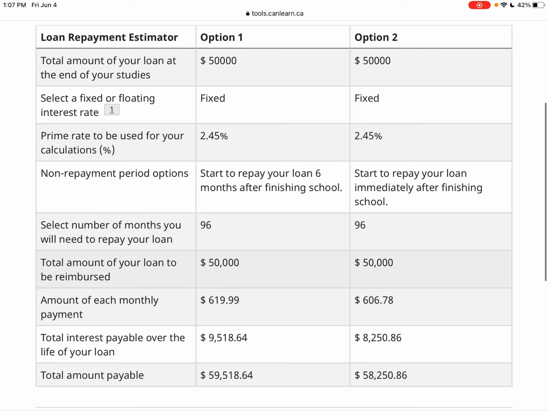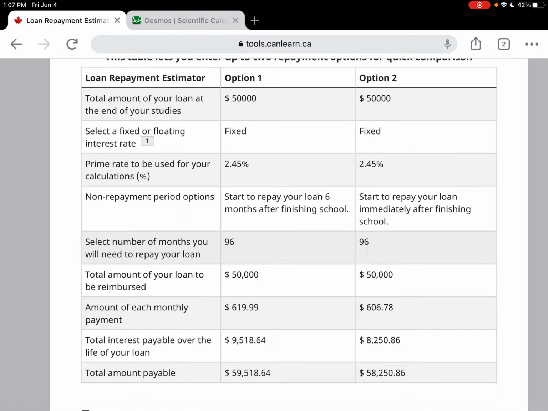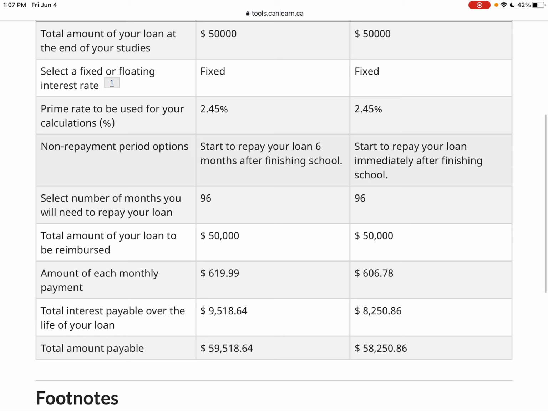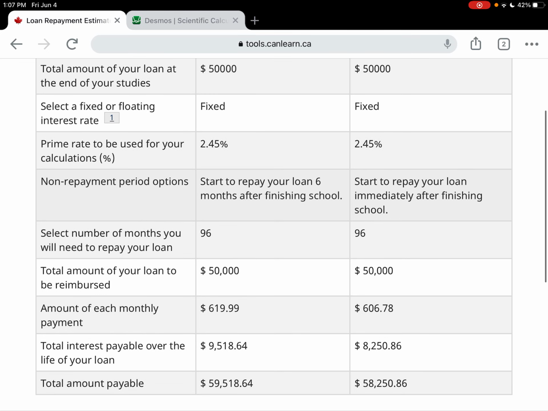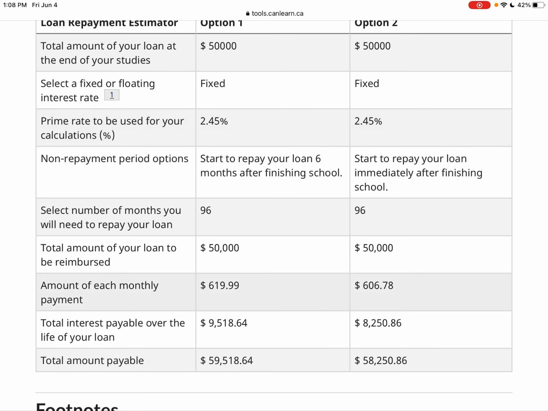So here, let's compare this option where this person started repaying right after her loan, and this person waited that 6 months before they repaid their loan, right? Same term, same rate, same fixed or floating interest, all of that stuff. This person who decided to start paying right after they finished their loan has lesser monthly payments, so it's $606. They'll end up paying less over time.